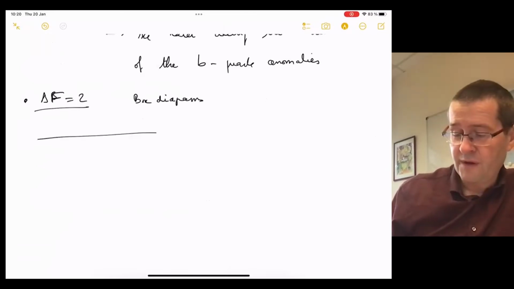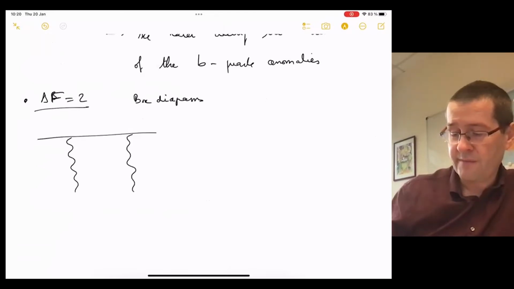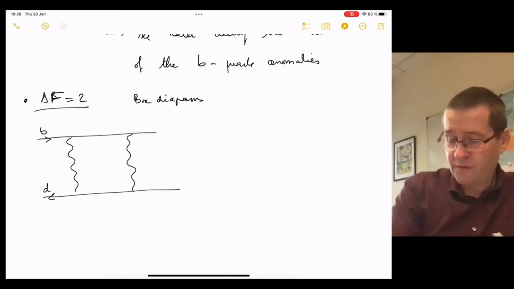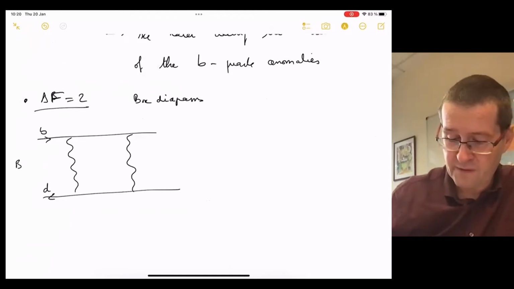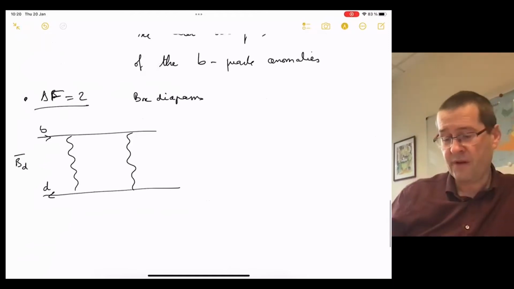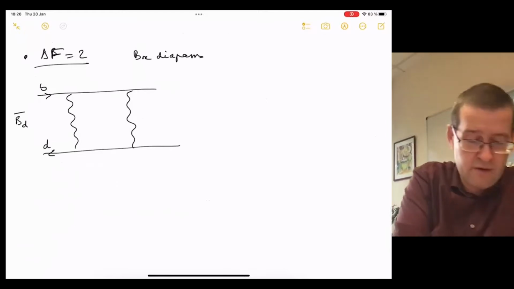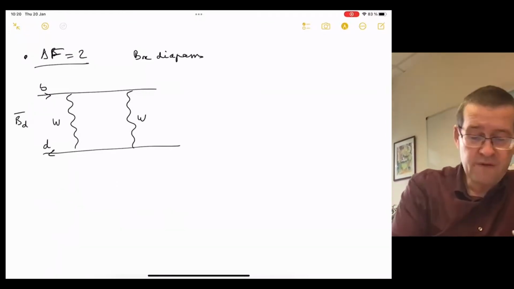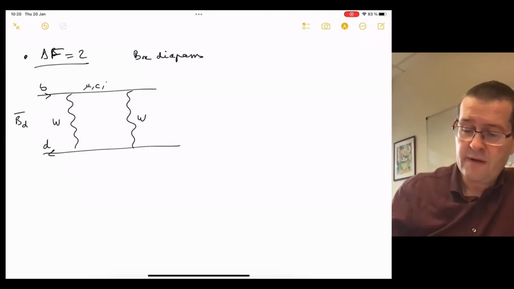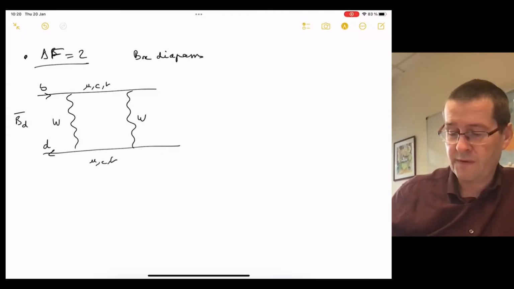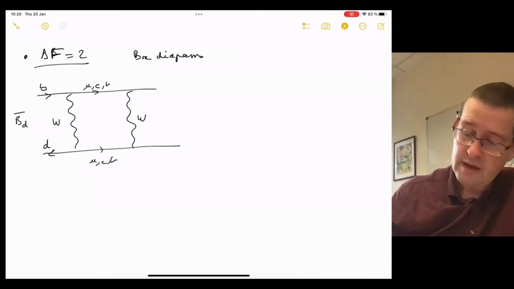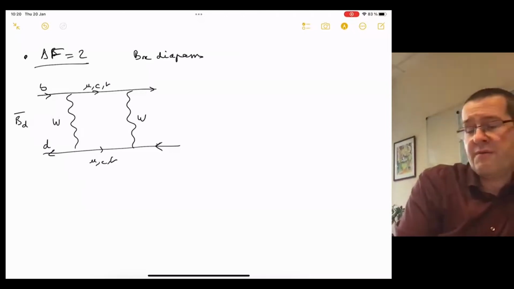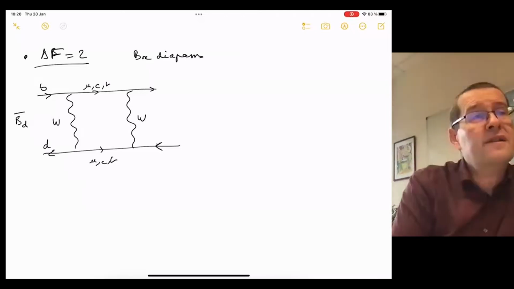One example of this kind of diagram is you start with, for instance, a B bar D. So it has a B quark and a D bar quark inside. Then you can use W exchanges to have up type quarks in the loops. The point is that you're not obliged to go back to the initial states.